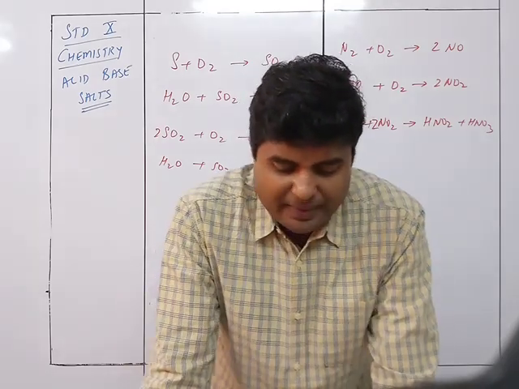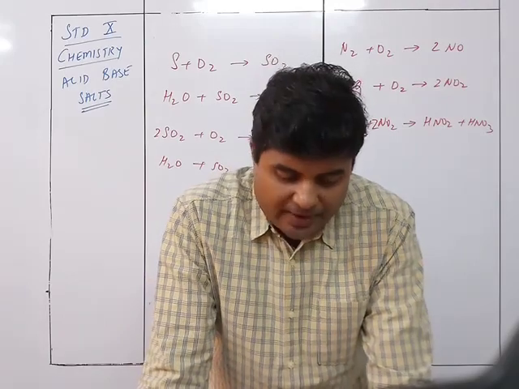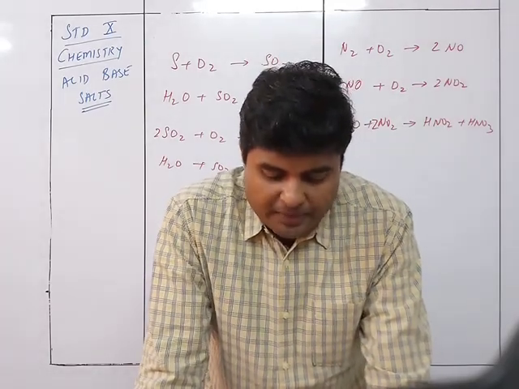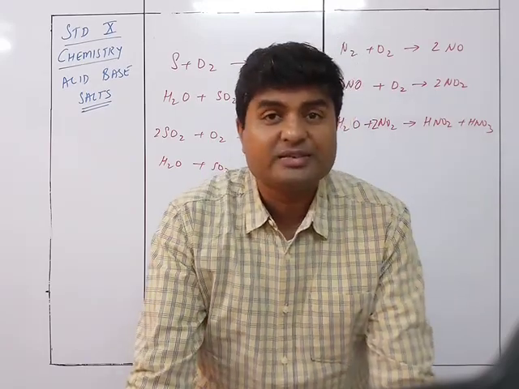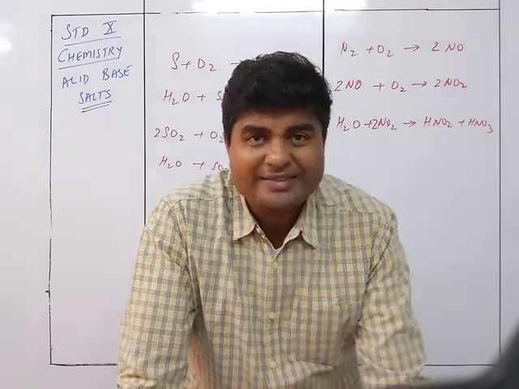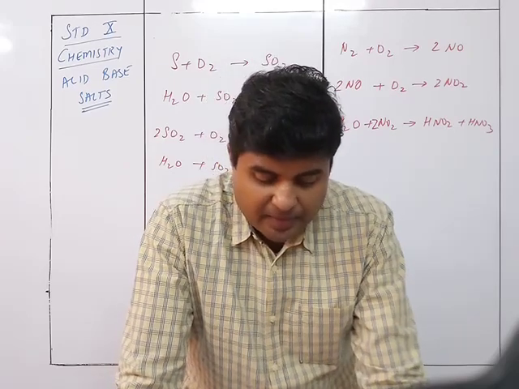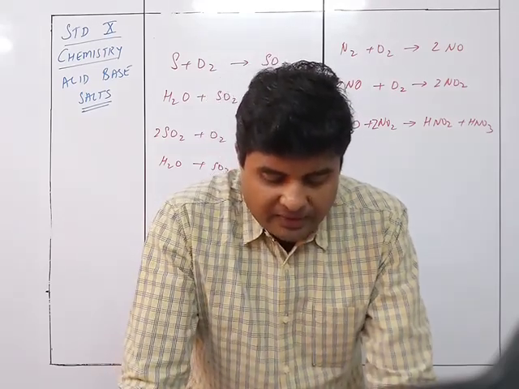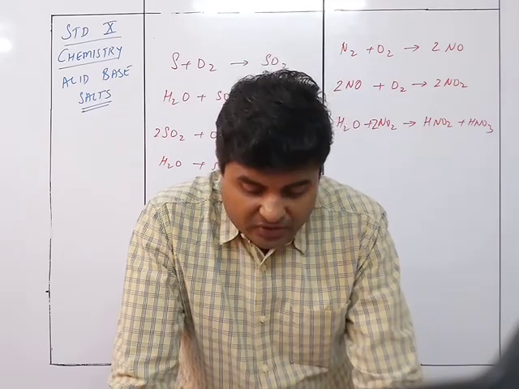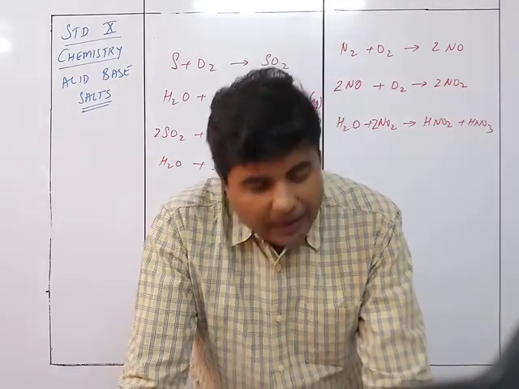In the bases, for the manufacturing of soaps, you are using sodium hydroxide. Manufacturing of bleaching powder, you are using calcium hydroxide. As an antacid, that is the one which is nothing but ENO, what you have when you have acidity. So what you take is nothing but magnesium hydroxide to neutralize the acidity in your body. As a fire extinguisher, it's aluminum hydroxide.